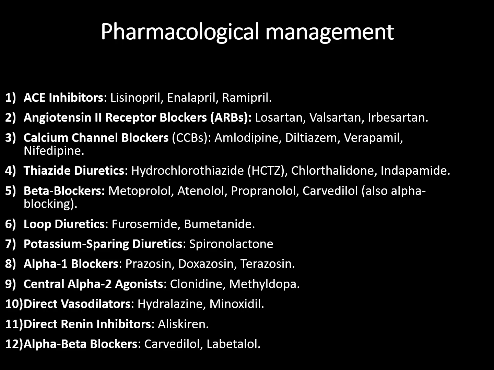A presentation has been done on this in my previous slides, so you can review how ACE works. Then we have the angiotensin 2 receptor blockers, which usually end with sartan, such as losartan. We have calcium channel blockers, which usually end with pine: amlodipine, and also diltiazem, verapamil and nifedipine.